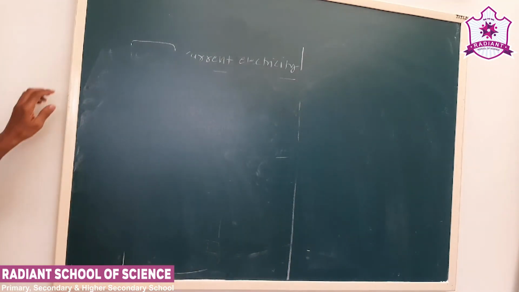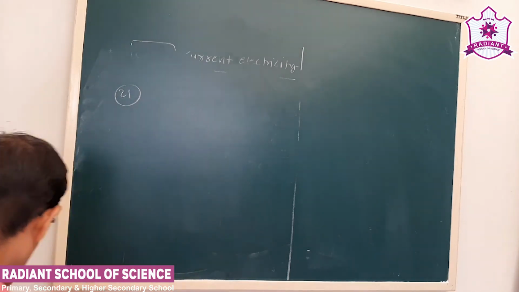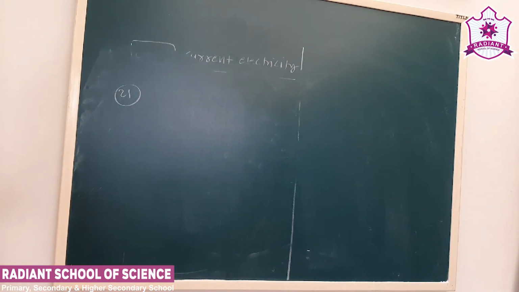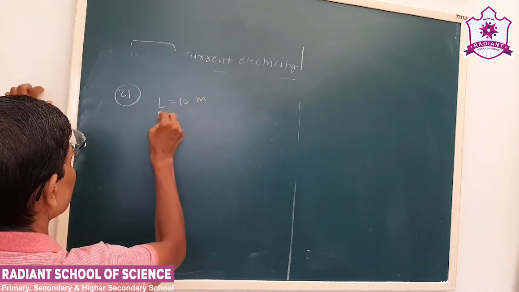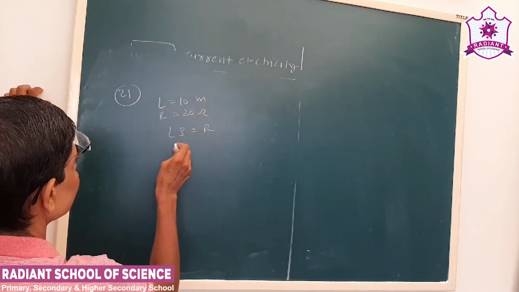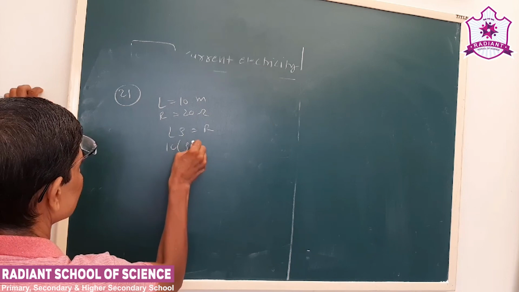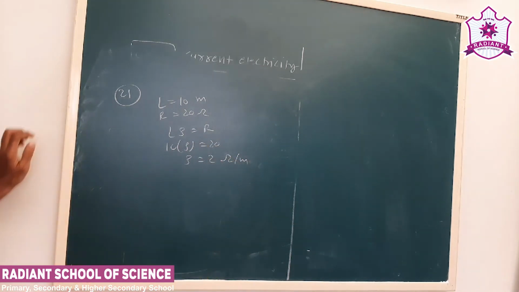That is MCQ number 21. Now this is related to potentiometer. See, a resistance of 10 meter long wire is 20 ohm. L is 10 meter. R is 20 ohm. L rho is R. Okay.